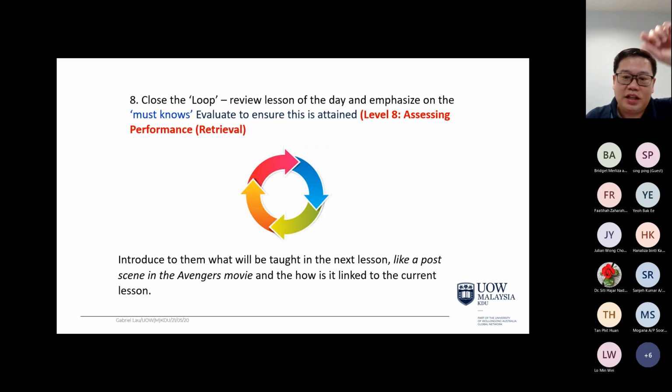Make sure that in the first part, you explain what the LLOs are: in today's lesson, this is what we're going to learn. The students learn, then you close the loop: this is what you have learned. This is called assessing performance retrieval, so students can retrieve what the whole lesson was. Normally students will only absorb the last part of the lesson.